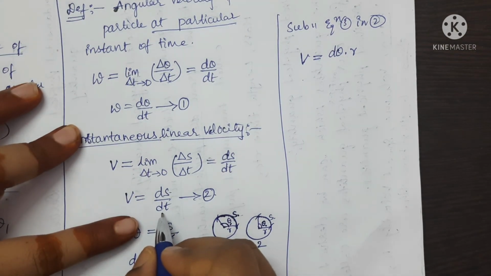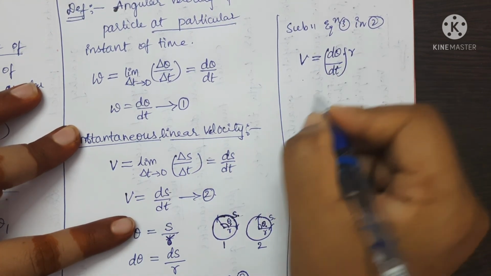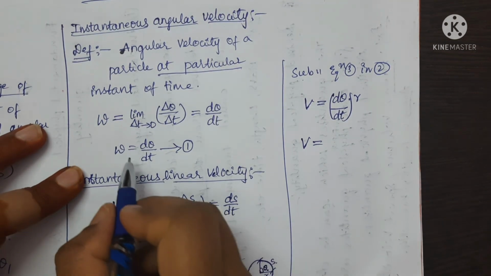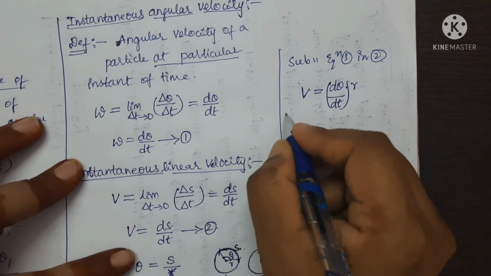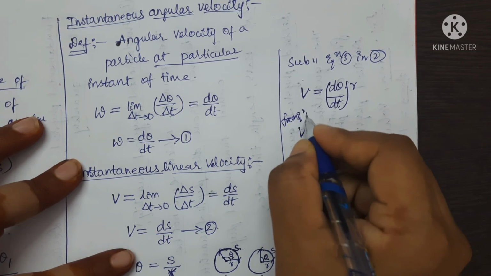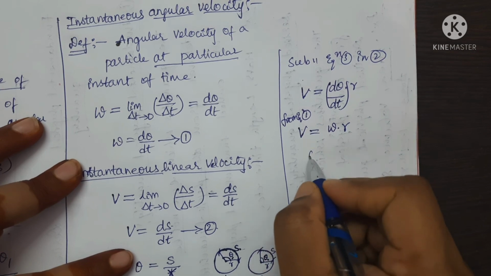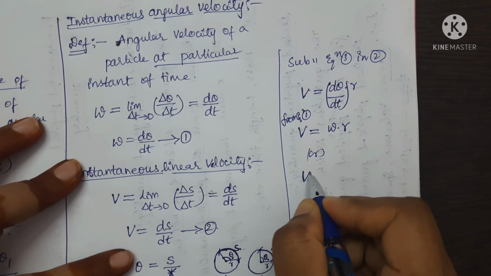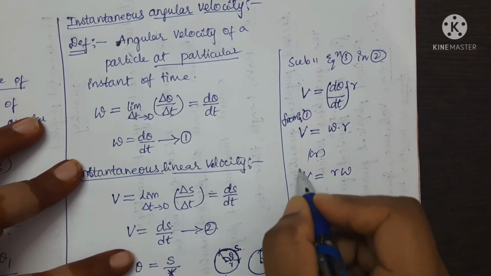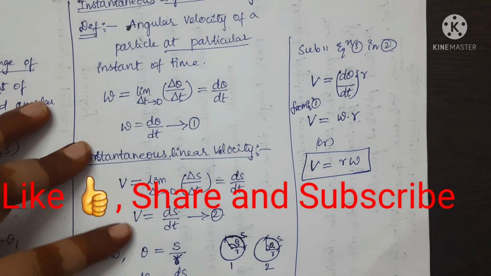And already dt is there here. So d theta by dt is nothing but omega, from equation number 1. So v is equal to omega into r, or we can write it as v is equal to r omega. This is the relation between linear velocity and angular velocity.